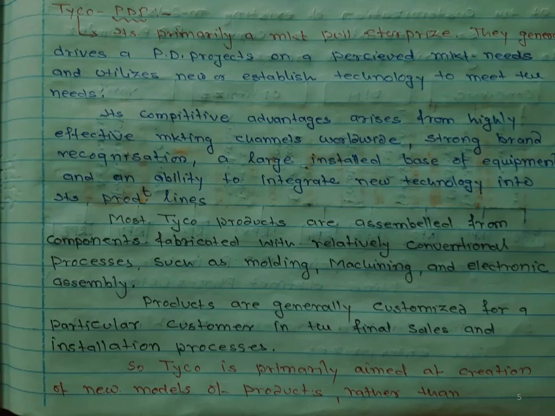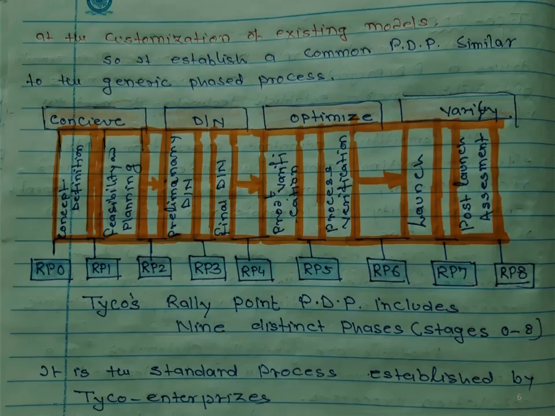The products are generally customized for particular customers in the final sale and installation processes. So Tyco is primarily aimed at the creation of new models of a product rather than at the customization of existing models. So they establish a common product development process similar to the generic phased process.